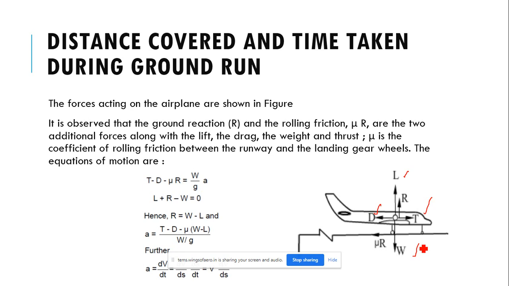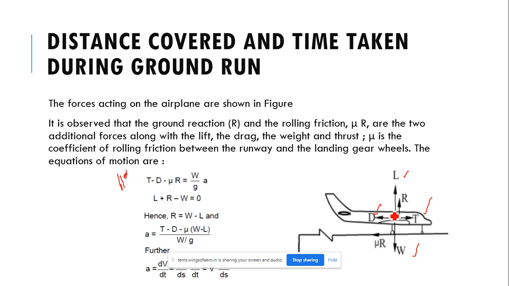When considering these two factors, we should draw the force diagram so that, with the equations of motion for parallel forces and perpendicular forces, we can find the formulas for distance covered and time taken. For now we are considering the parallel forces.